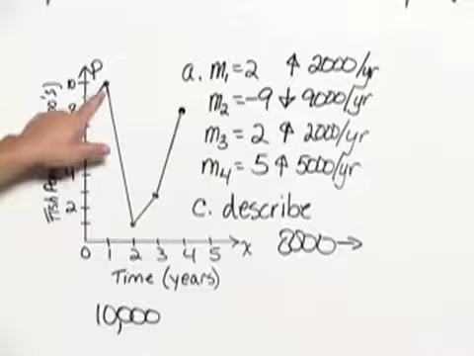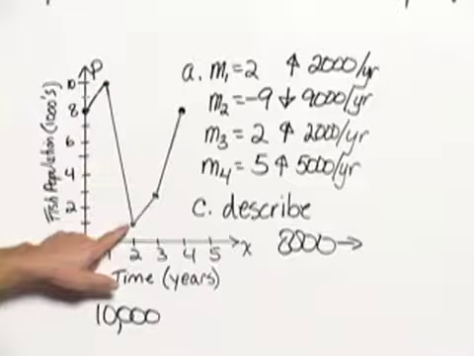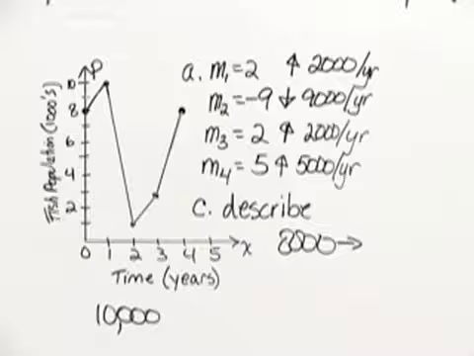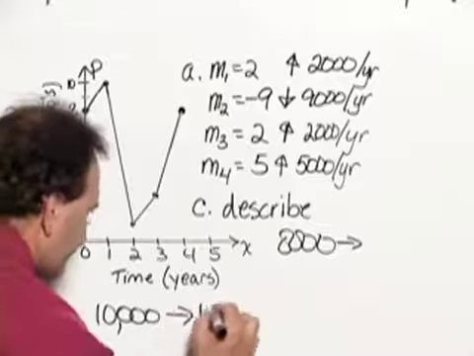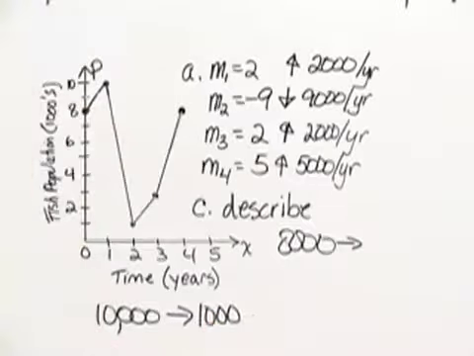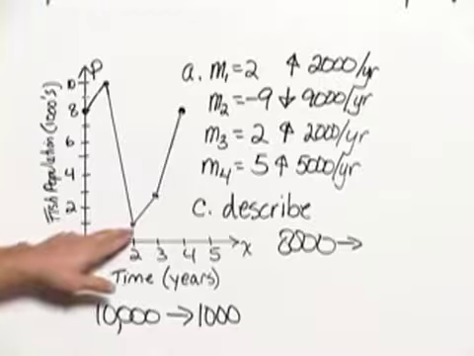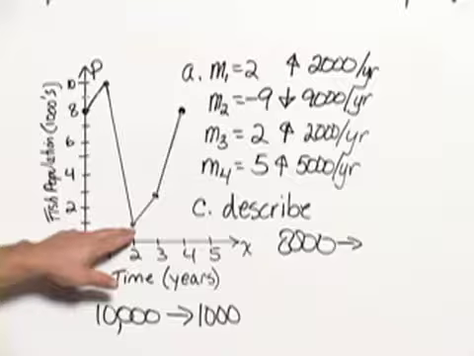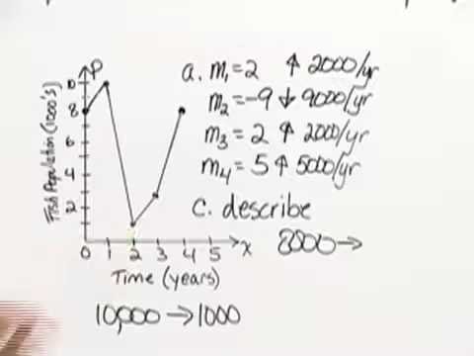But then there's a dramatic drop from 10,000 to 1,000. And I would assume that this is the year in which the lake almost froze solid, and that's what created such a dramatic drop in the number of fish that were able to survive.